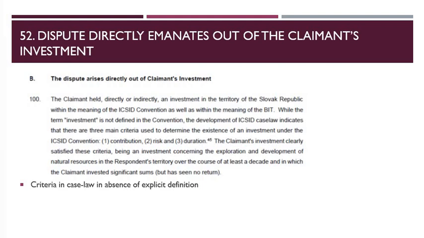While the term investment is not defined in the Convention, the development of ICSID case law indicates that there are three main criteria used to determine the existence of an investment under the ICSID Convention: 1. Contribution, 2. Risk, and 3. Duration.